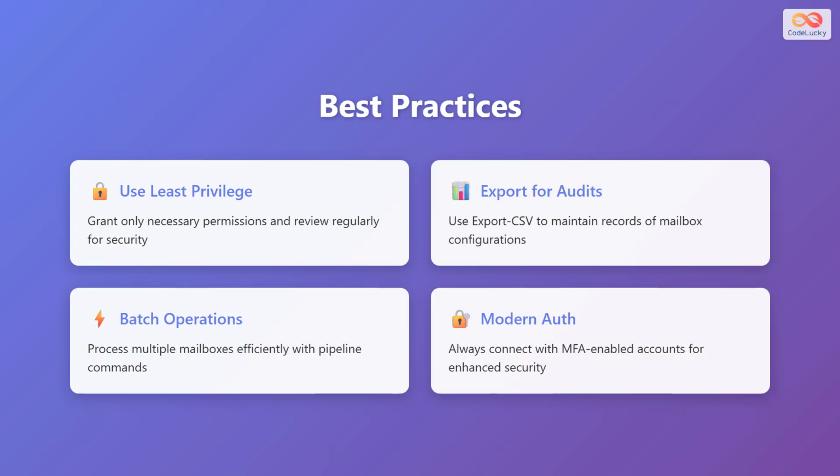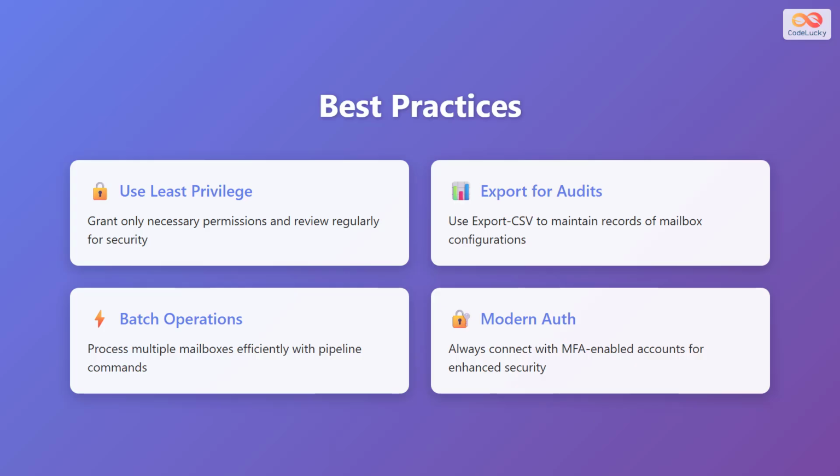Following best practices ensures secure and efficient Exchange Online management. First, always use the principle of least privilege by granting only necessary permissions and reviewing them regularly to maintain security. Second, export your configurations and reports using the Export-Csv cmdlet to maintain audit records of mailbox configurations and changes over time.